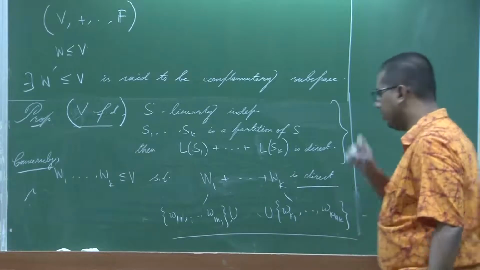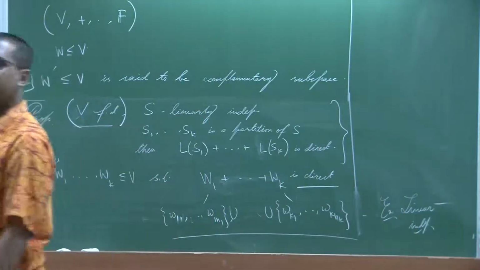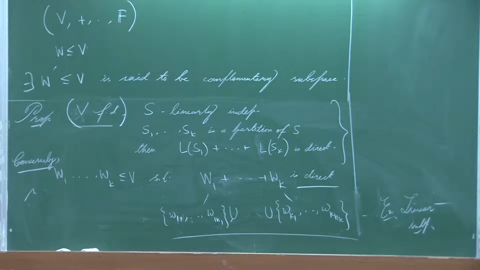Check the linear independence. Again, let me tell you, the upshot is: in a finite dimensional vector space, you start with a linearly independent subset, take a partition of that subset, then construct the subspaces which are the linear spans of each of the pieces of that partition, and then you will get a direct sum.